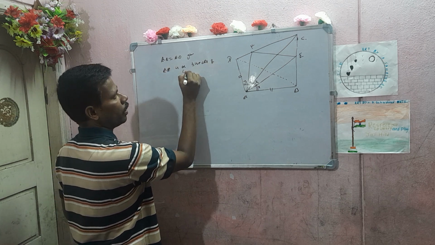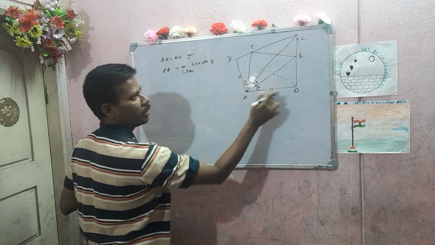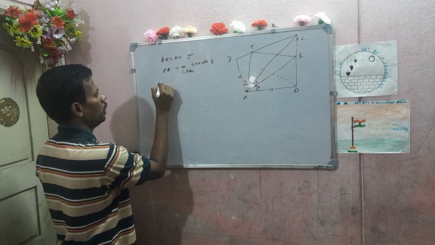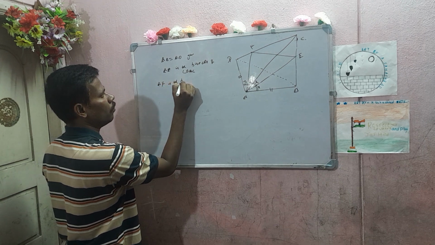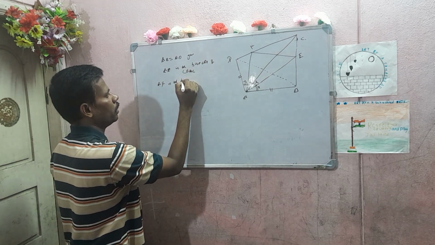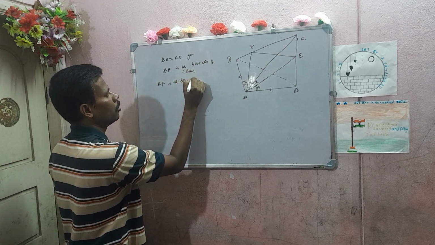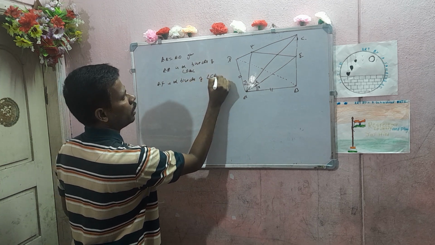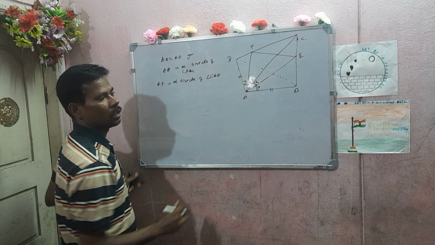AE is the bisector of angle BAC, and AF is the bisector of angle CAD.